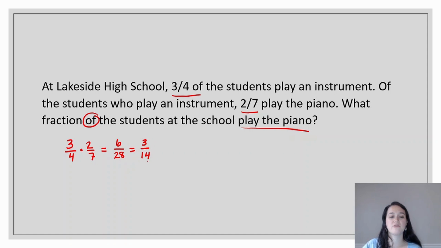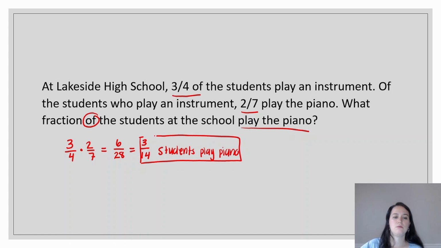So 3 out of 14, so what fraction of the students? 3 out of 14 students play piano. So this is better read as 3 out of 14, it's more of a ratio. So 3 out of 14 students play the piano out of the whole school. So for every 14 kids, 3 of them are going to be playing the piano.